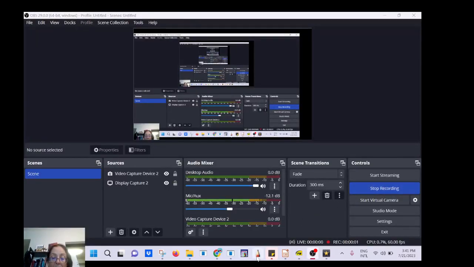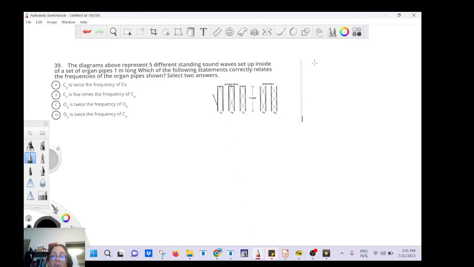Okay, so let's go back to here. So first of all, remember that the speed is the frequency times the wavelength. So for example, if I find that the wavelength is multiplied by 2, the frequency is divided by 2.